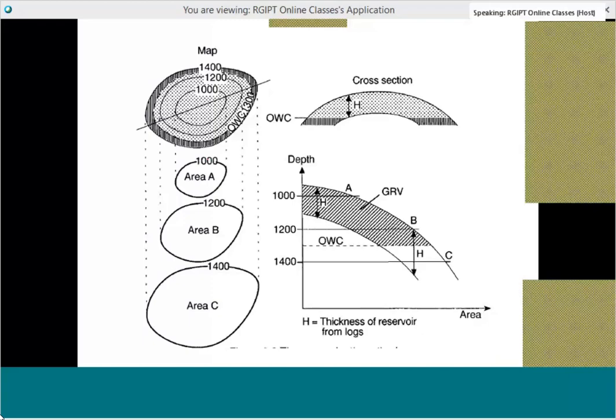So using contours, you can map out what is the area for each thickness.